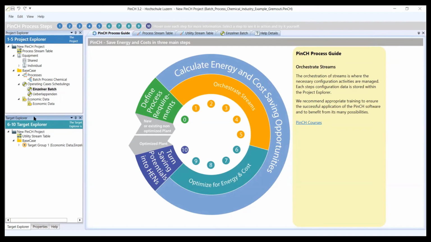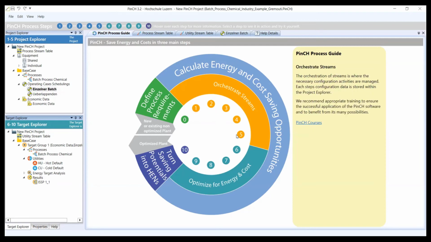And on the lower target explorer, we have the definition of different variants and scenarios for our results. In the middle section is where we're going to have display of information for inputting data and outputting the information. The starting screen, splash screen, is shown here, just a simple diagram to help new users understand what the basic process is that's involved.